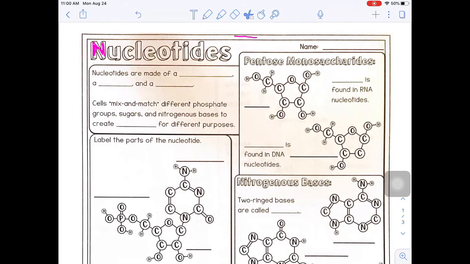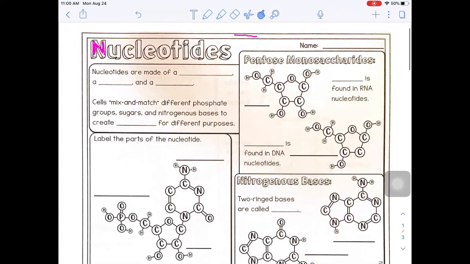Whoops, maybe I wasn't ever a very good doodler. There. Okay, so I'm going to go over what you're going to be doing on each of these pages, and this is going to be your nucleotide doodle notes.